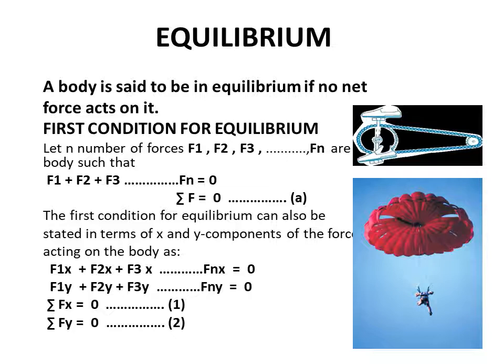Sigma shows the sum of all forces acting on the body is equal to 0. The symbol is a Greek letter called sigma and used for summation. Summation means sum. This is called the first condition of equilibrium.